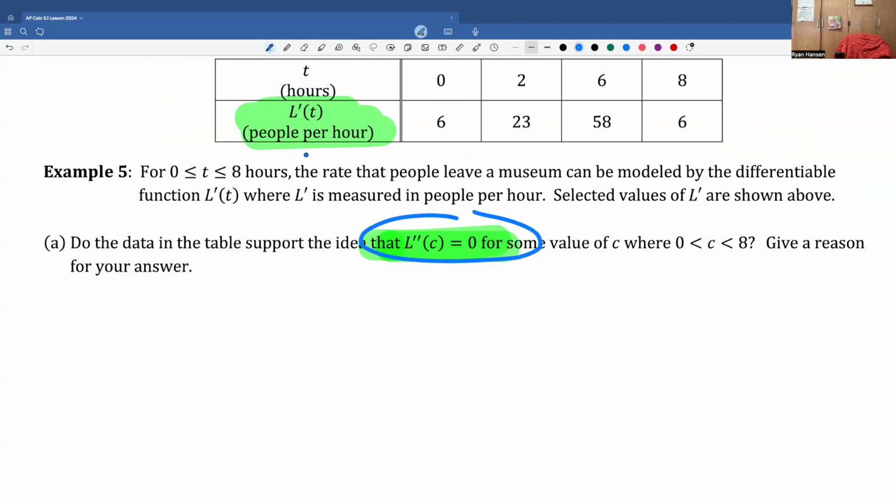So it's the derivative of L prime. So this is a rate of the table, which would be probably MVT. So we have to establish, we could say that L prime of, well, did they tell us right here?